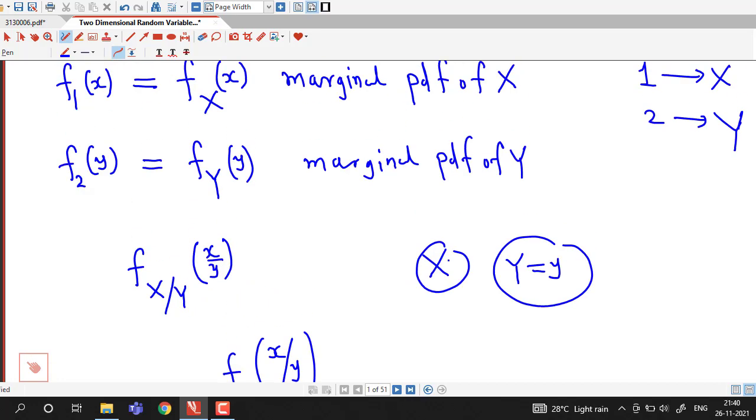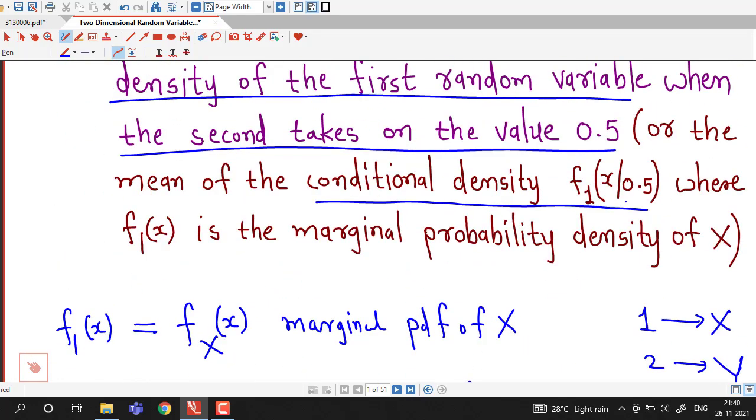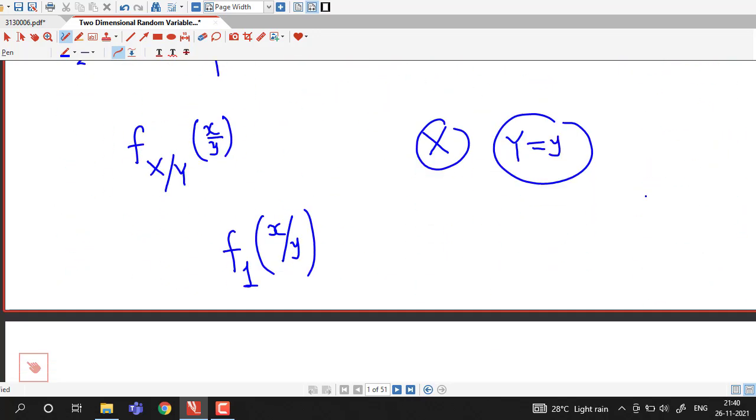And here we have to find it for a particular value of y, which is 0.5. So this f1(x by y) is the same as this, but in this question we have to understand these different notations. So these are the different notations for the same thing.